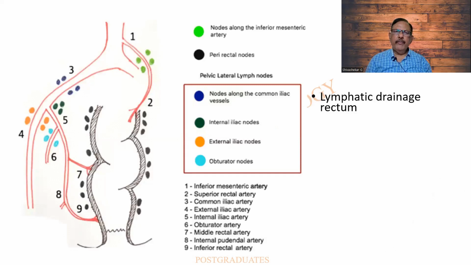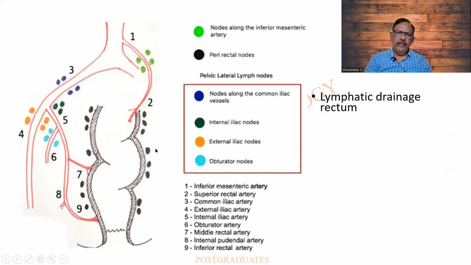One thing that will be of paramount importance will be the lymphatic drainage. Now that this is a picture of the rectum mainly, what I would like to apprise you people is there are different groups of these lymph nodes. Look at the colors over here. These are the internal iliac nodes or the paramesonephric nodes over here.